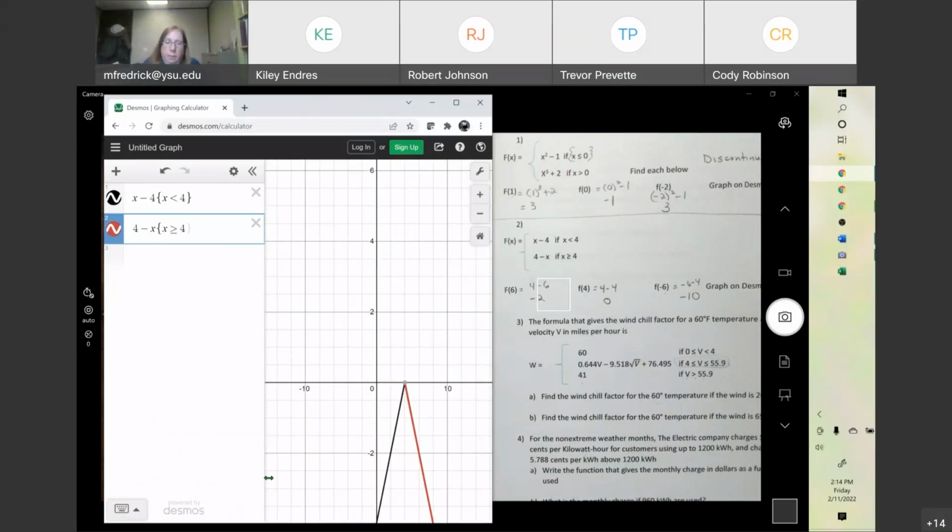Are you getting an upside down V? Any questions? Is everyone getting the graph?